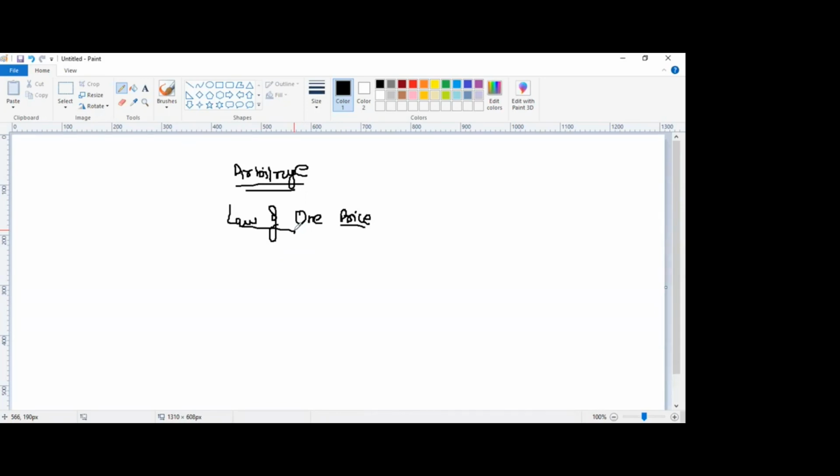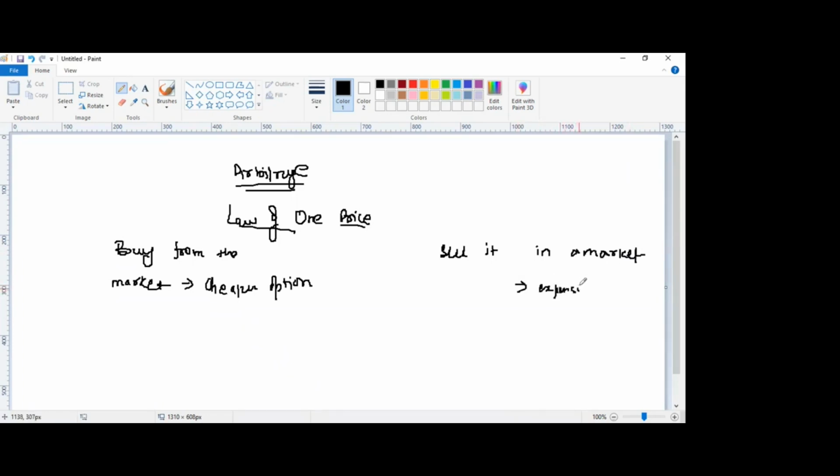which actually gives us the arbitrage opportunity, where we intend to buy from the market where we are getting a cheaper option and sell it in a market where we have an expensive option.